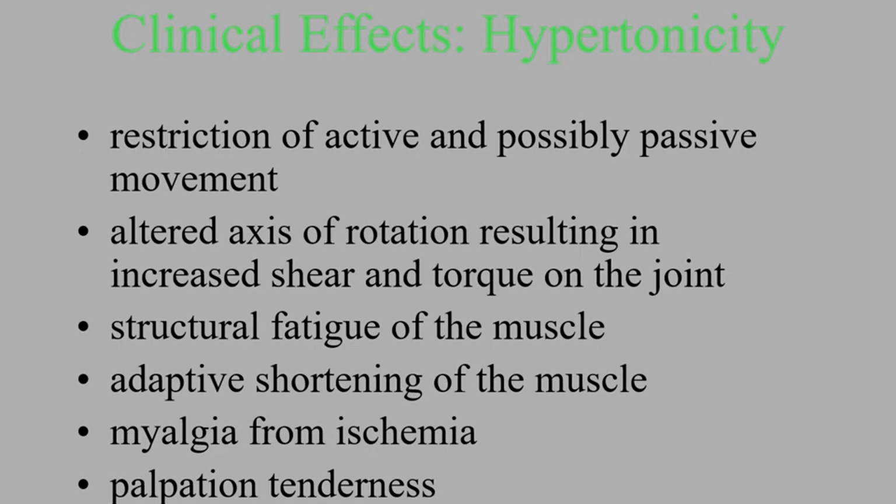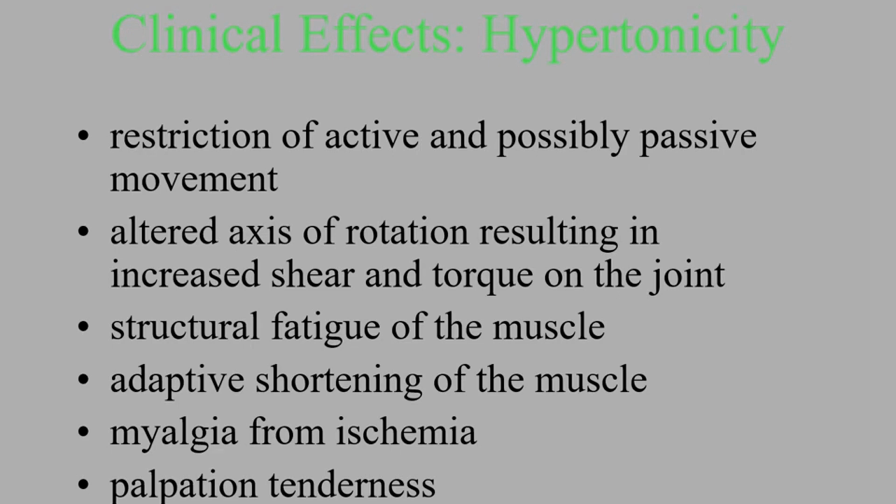There's structural fatigue of the muscle due to its constant contraction, and it may start to break down. Adaptive shortening of the muscle is postulated to occur because it is never taken throughout its length. Personally, I'm coming to believe less and less in adaptive shortening.